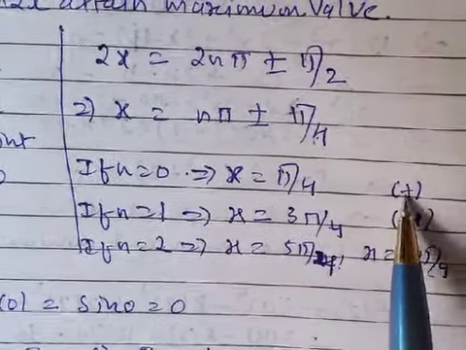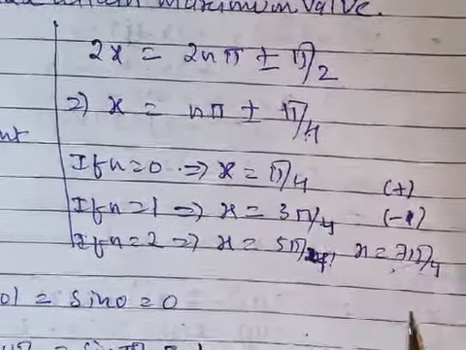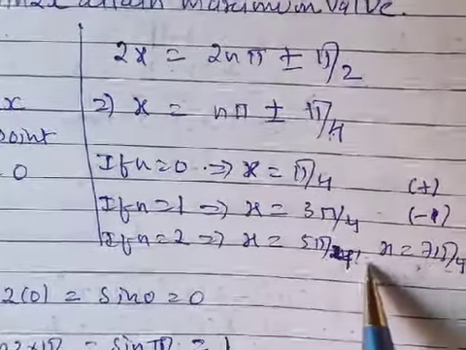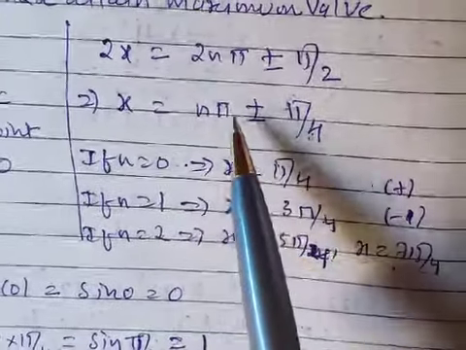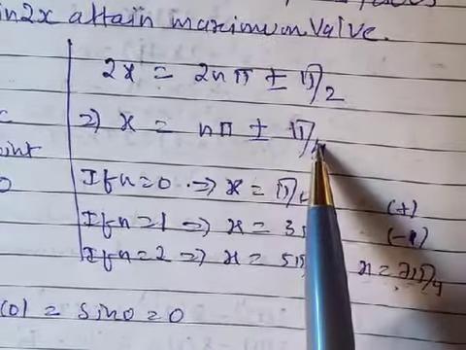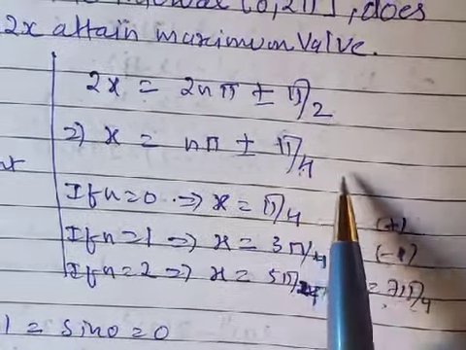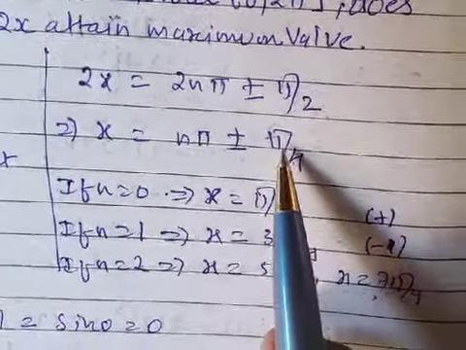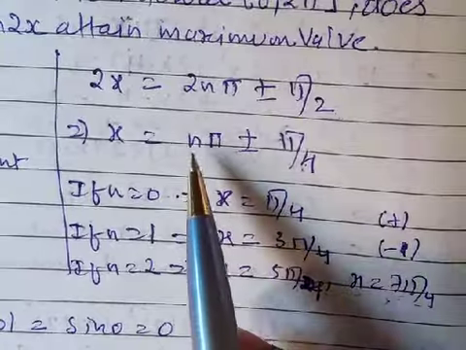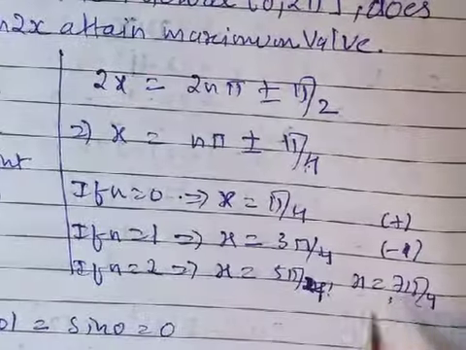So these are the values where it becomes 0: at pi by 4, 3 pi by 4, 5 pi by 4, and 7 pi by 4. Is it clear? Even if you take plus, say for 1, or 2 pi, you can get 5 pi by 4, and taking minus, you get 7 pi by 4.